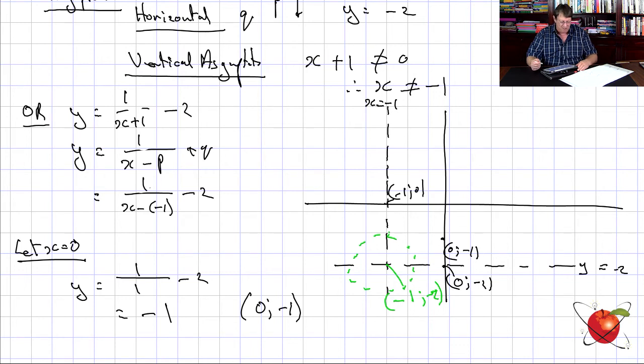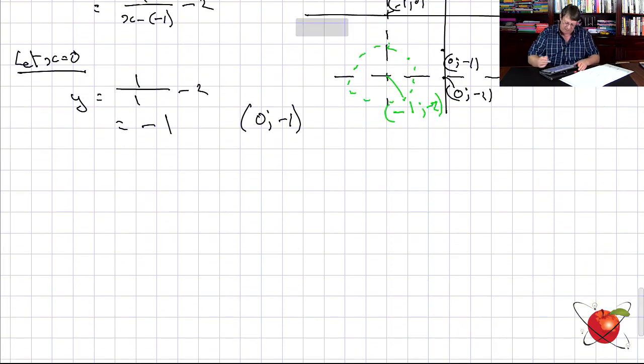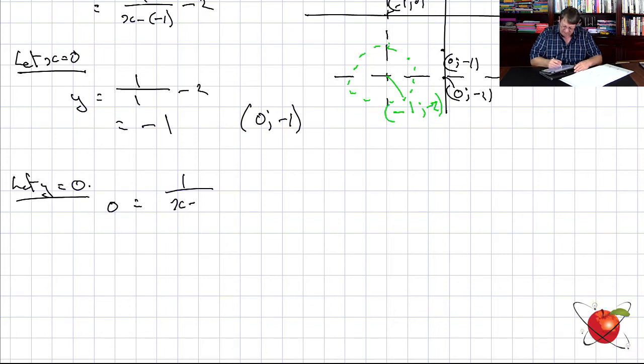Now, hey, come on, you can already draw this thing. You know where it is. But let's continue. What do I do next? I let y equal 0. Therefore, 0 is equal to 1 over x plus 1 minus 2. Take the 2 over and I say 2 is equal to 1 over x plus 1. How do I get rid of this? I cross multiply again. 2 times x plus 1 is equal to 1.